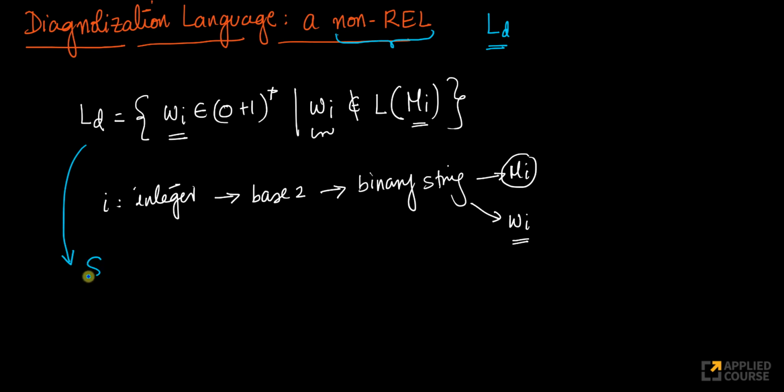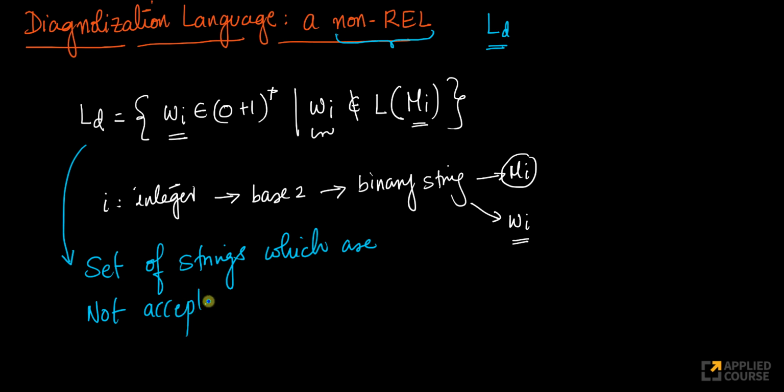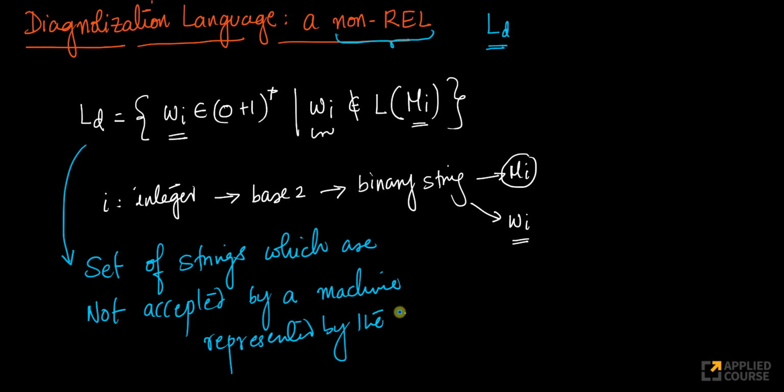So it is a set of strings which are not accepted by a machine represented by the same binary string.